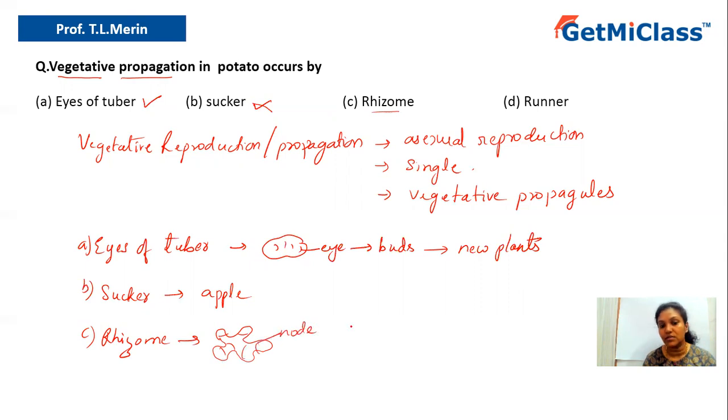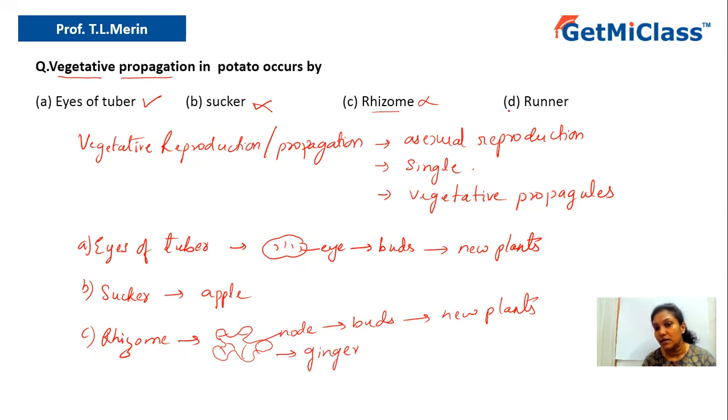These nodes will give rise to tiny buds, and buds will give rise to new plants. But these are not found in case of potato, because potatoes have eyes, not nodes like in case of rhizome. So option C is also ruled out. The example here is ginger, which is what I have drawn. Ginger is a good example of rhizome.